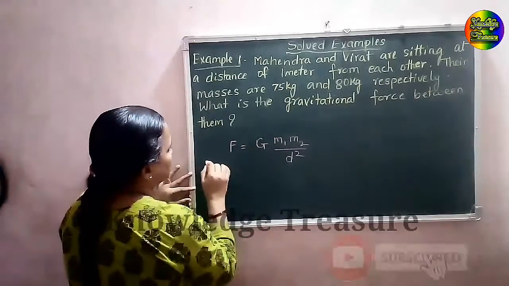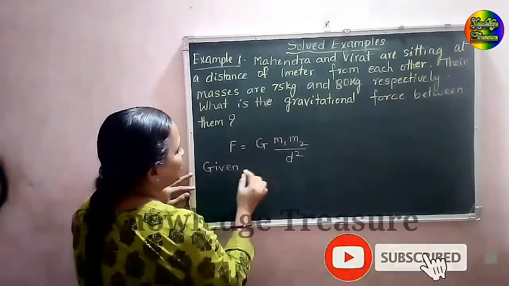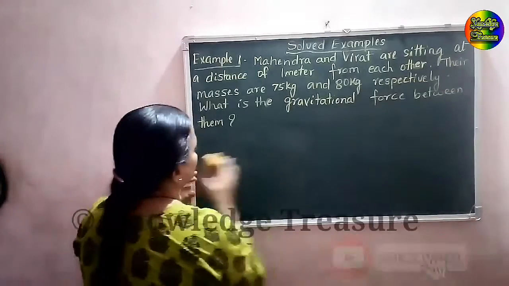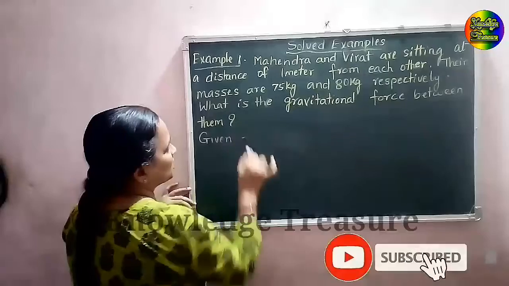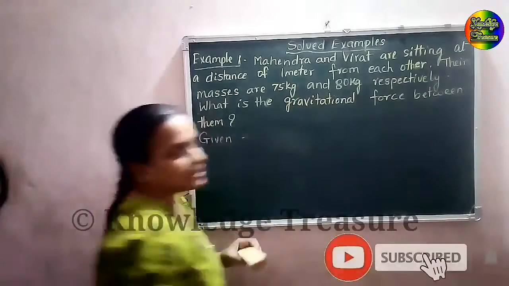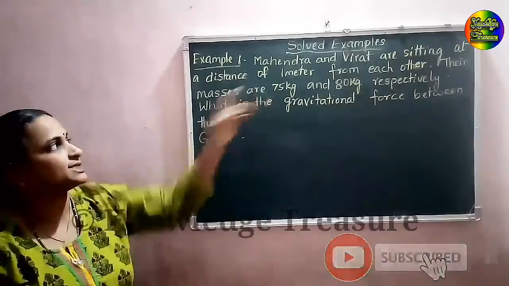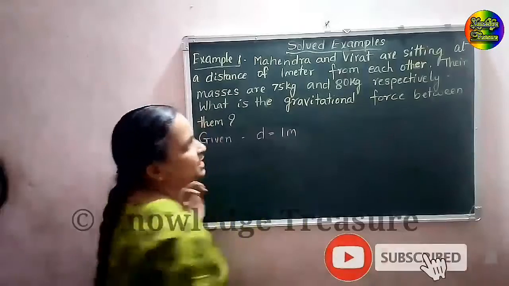Let us see what is given. Mahendra and Virat are sitting at a distance of 1 meter. So distance is given. D is equal to 1 meter.